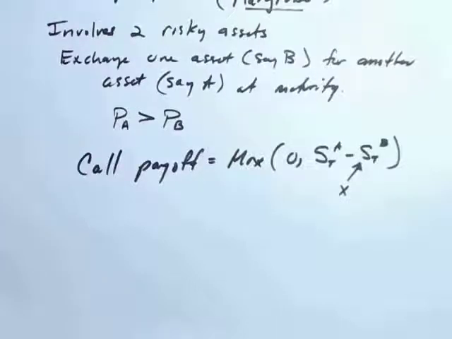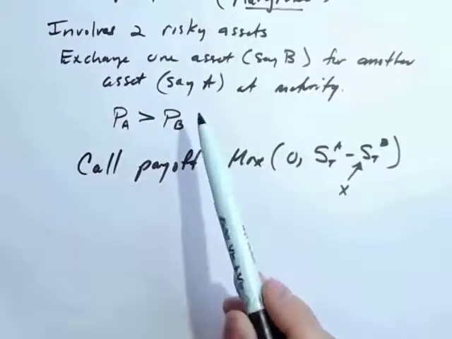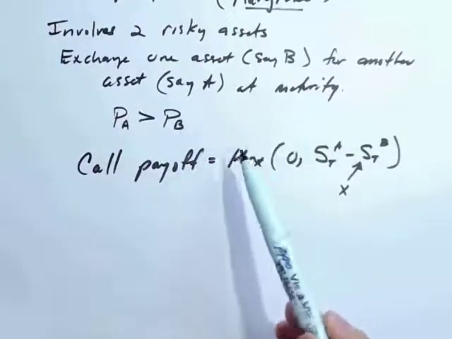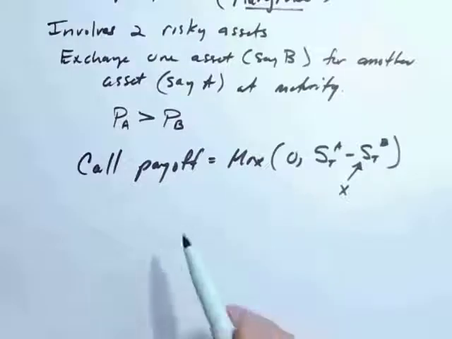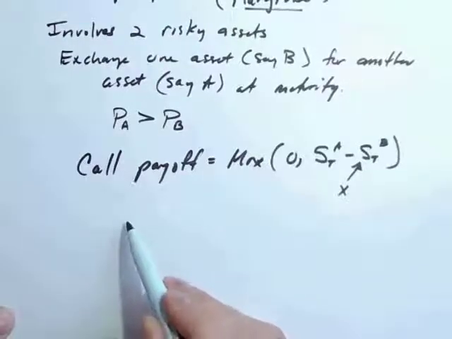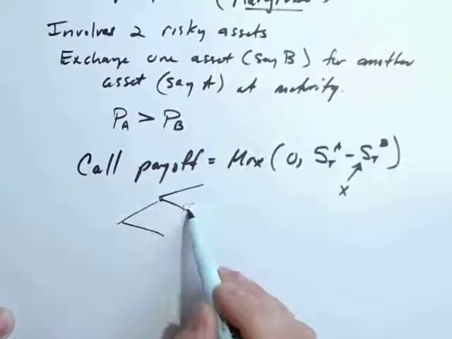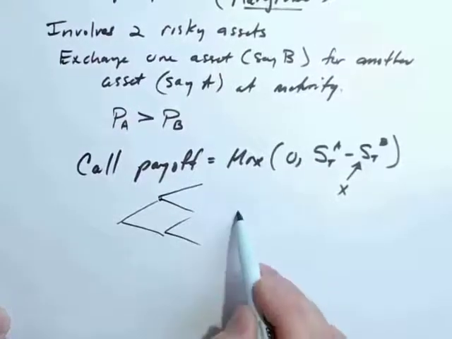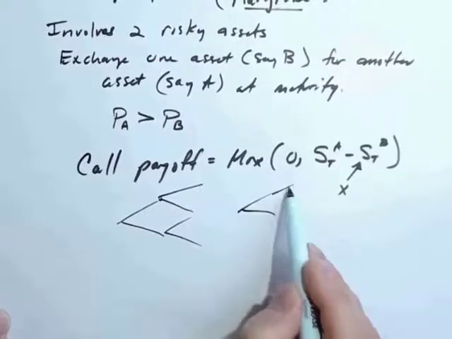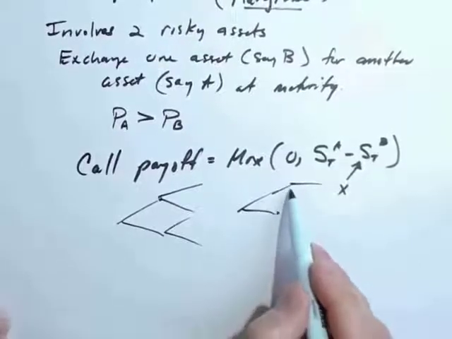And a couple of things I want to point out. First of all, if you initially looked at an exchange option and you wanted to use the binomial, you think, okay, I've got to do a binomial for A, and then you're going to do a binomial for B, right?